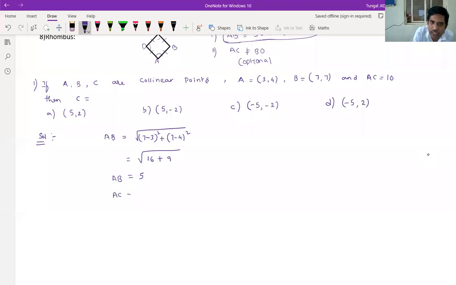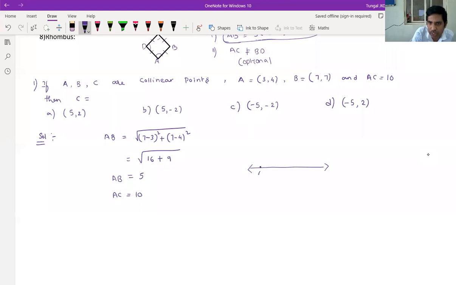AC distance is already given in the question as 10. Now the position we have to take, that is important. Now ABC in order: how to take the order? First point, second point, third point. So now I will take one line. AB distance is 5, AC distance is 10.